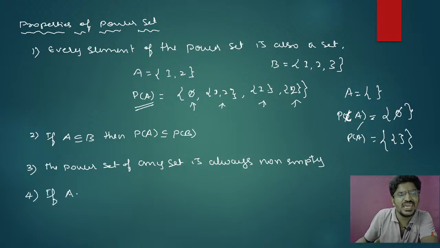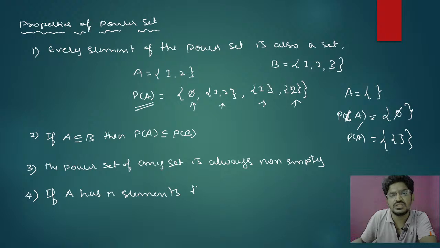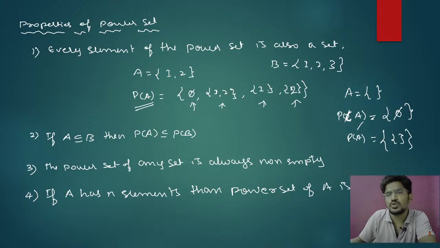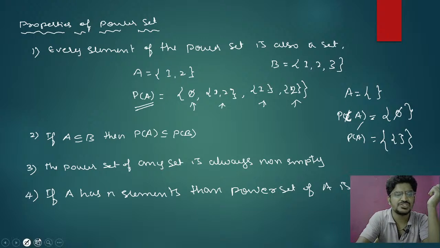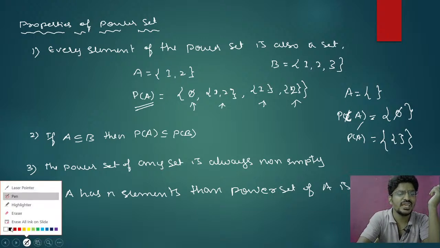If A has n elements, then the power set of A has 2 to the power of n elements.